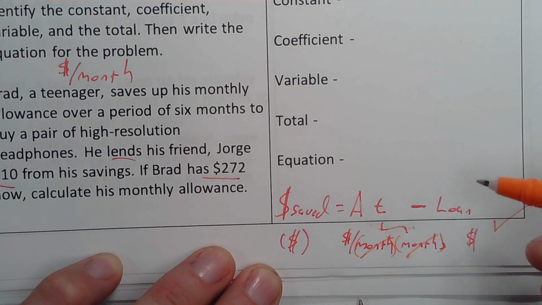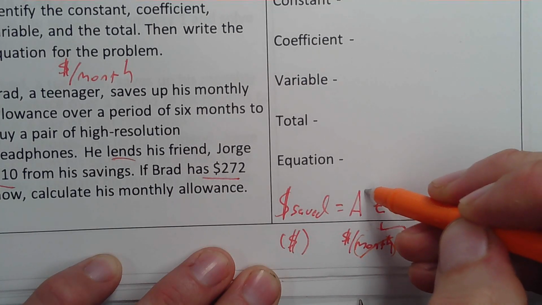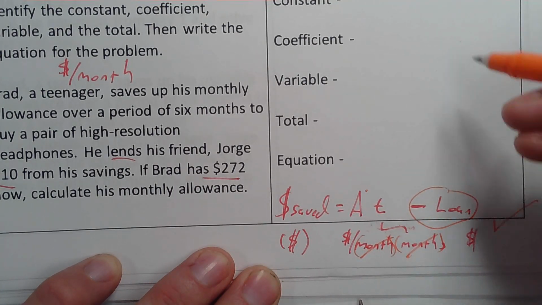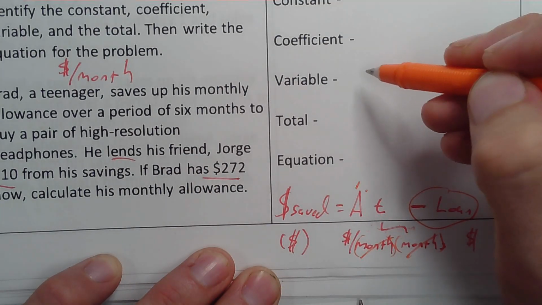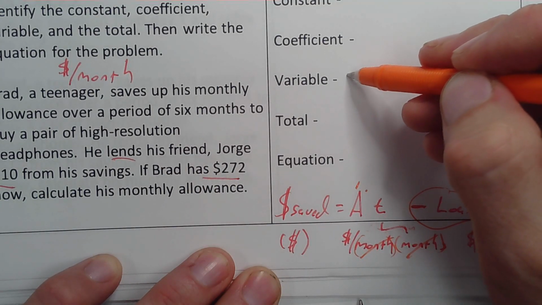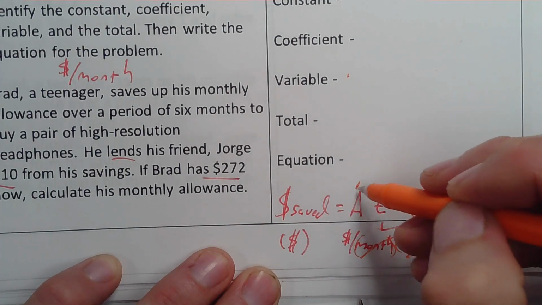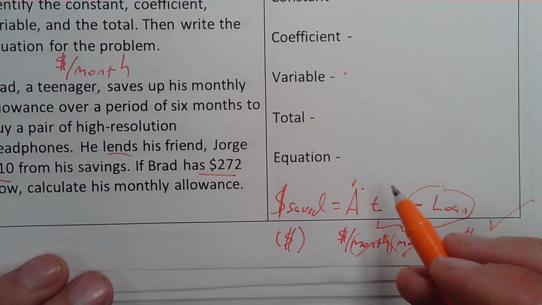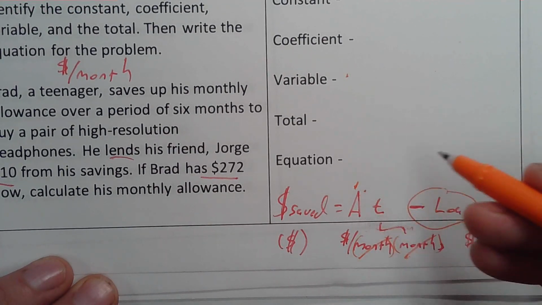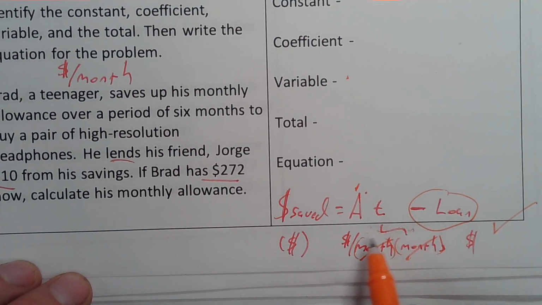Right? So here, this is your constant. Your coefficient of your variable is this. Actually, let's rearrange this to solve for the allowance amount. If we're going to solve for the allowance amount, we have to bring this over here.